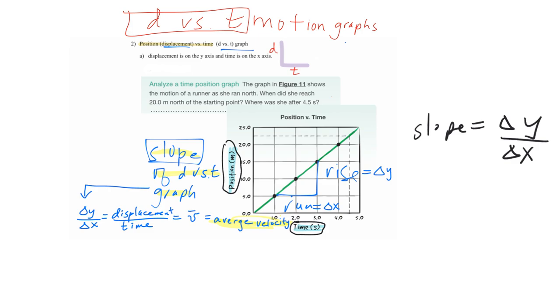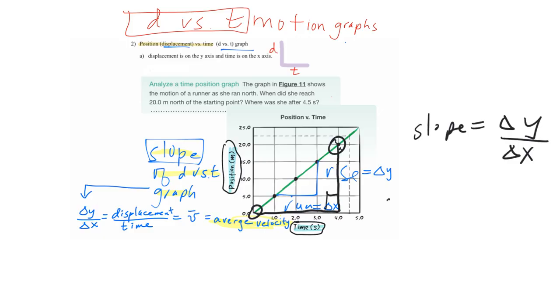Okay, so all you do is pick 2 points on the graph. I know you've had this before. Let's say I pick these 2 points. The rise would be how high. You draw a little right angle triangle between those 2 points.